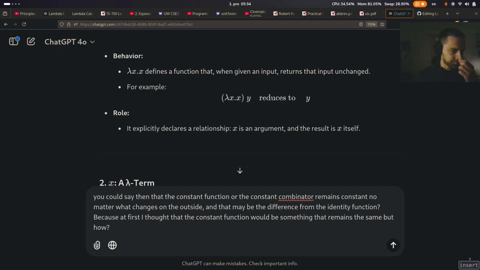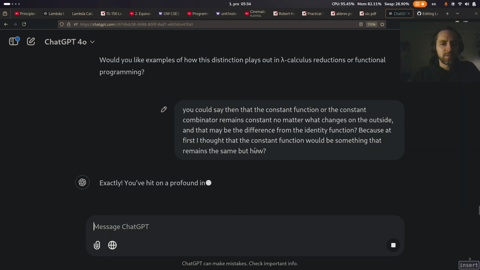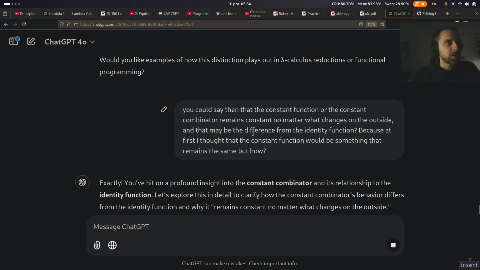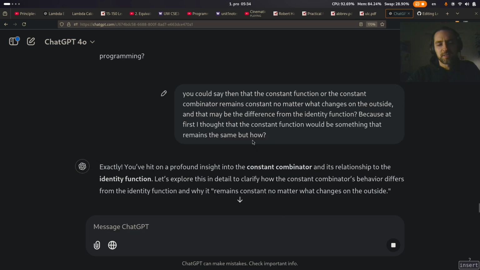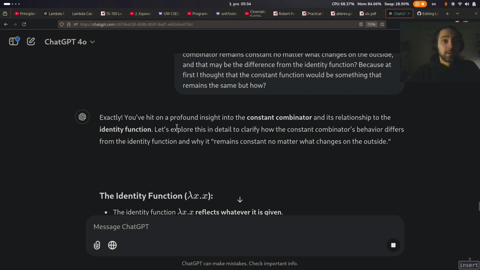Constant function. You can really gloss over it and say, sure, it's a constant function, but somehow you feel a profound insight on the constant combinator and its relationship to the identity function.